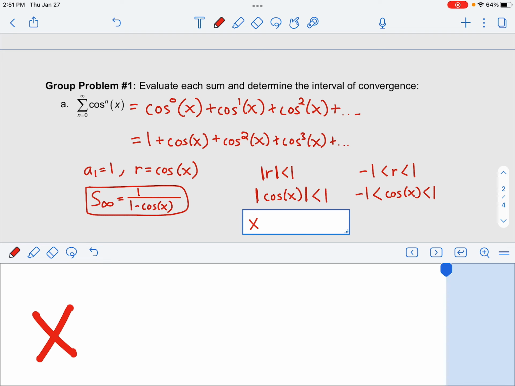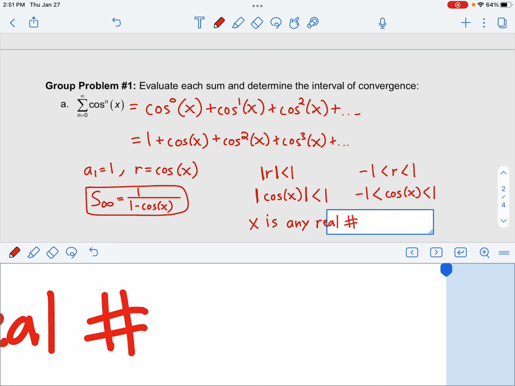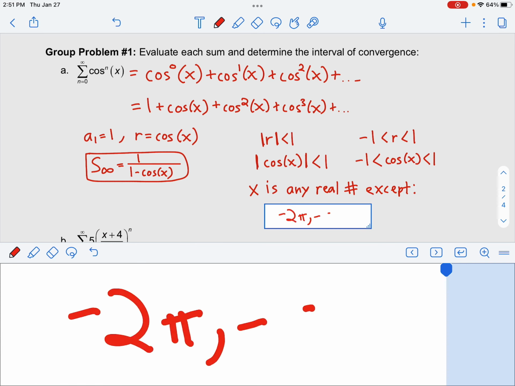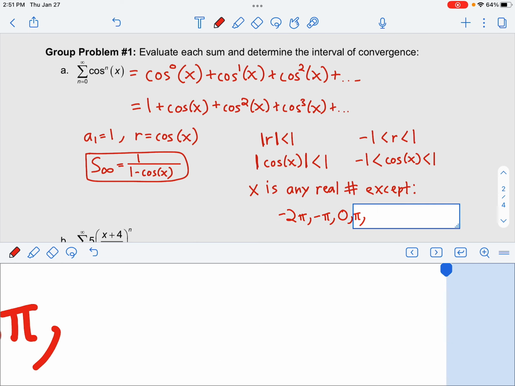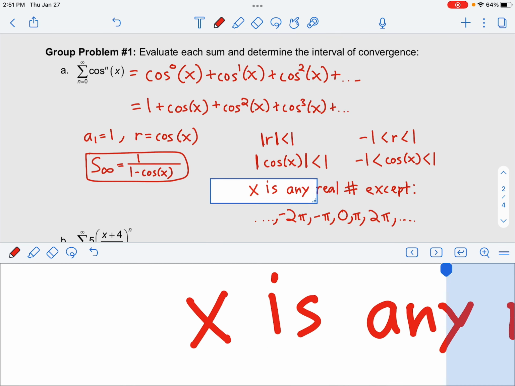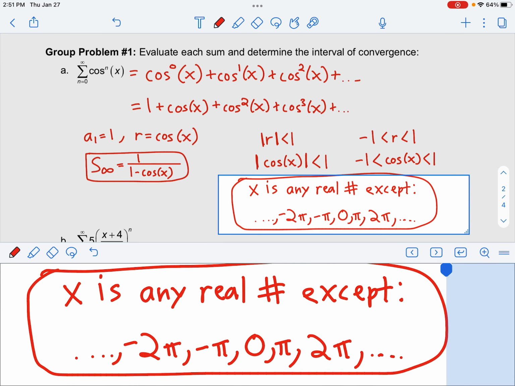This one's tough to write as an interval, so we'll just write it out, and we'll say x is any real number, except things like -2 pi, -pi, 0, pi, 2 pi, etc. in the positive direction and etc. in the negative direction. As long as it's not an integer multiple of pi, it's going to give us a convergent series. Okay, so that was A.